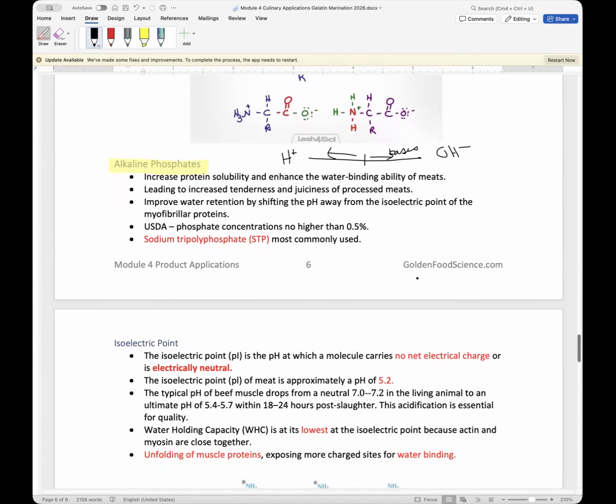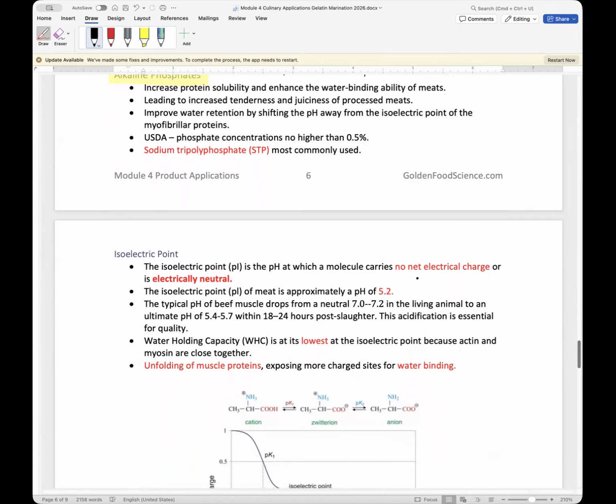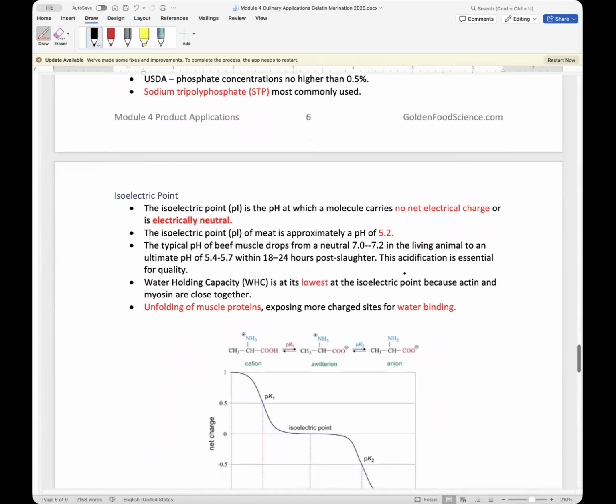So looking at meat, fresh meat has a pH of about 7 to 7.2 when the animal is slaughtered. But it goes through the process of rigor mortis. Just because the animal dies doesn't mean metabolism stops.